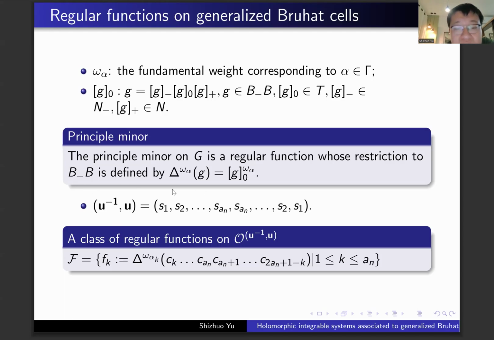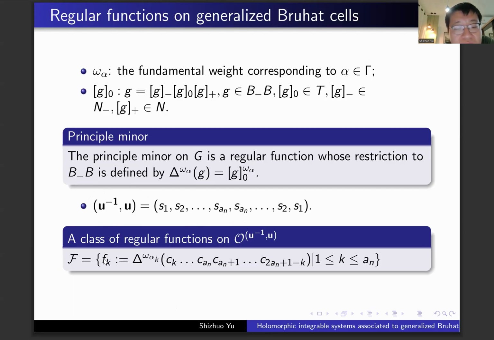If you observe this word, you will easily find that it has a kind of symmetry, from s1 to s_{2n}, and then the second part is from s_{2n} to s1.